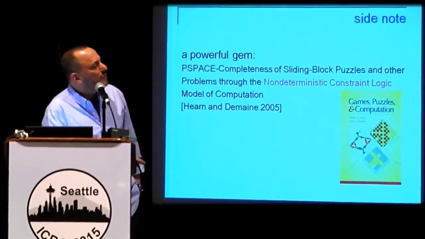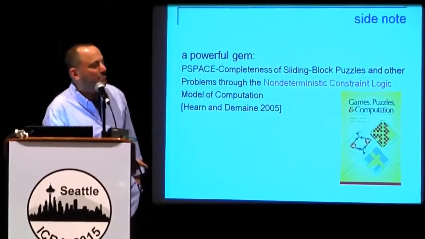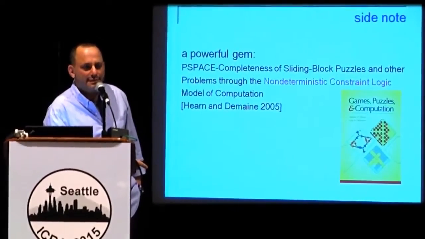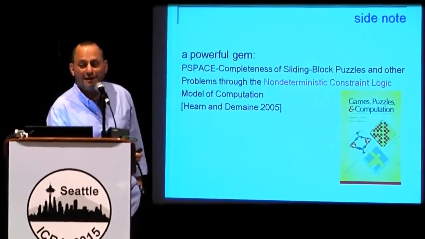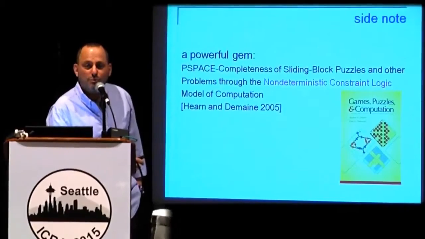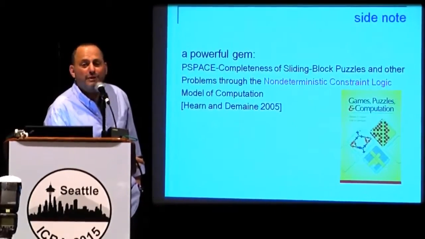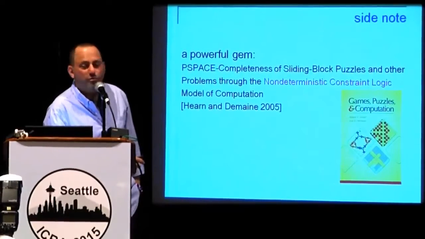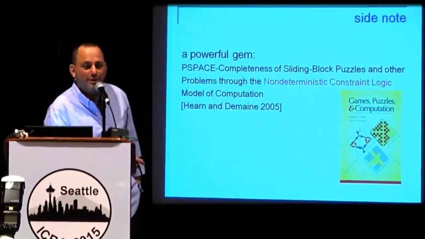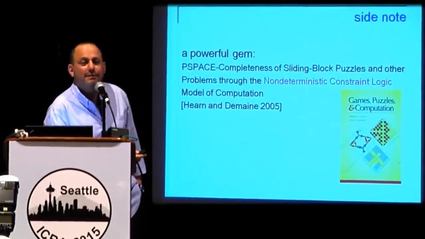And behind the scenes is a beautiful result by Hearn and Demaine. Here is a take-home advice if you're interested in hardness of robot motion planning or of games. They came up with an elegant and powerful mechanism called nondeterministic constraint logic, from which it is fairly easy to derive hardness results.